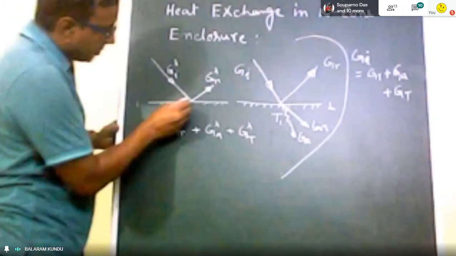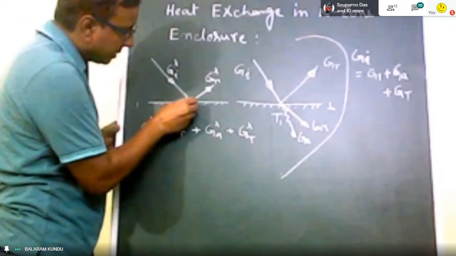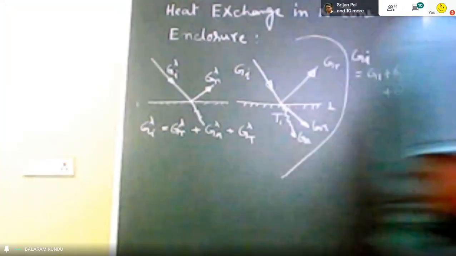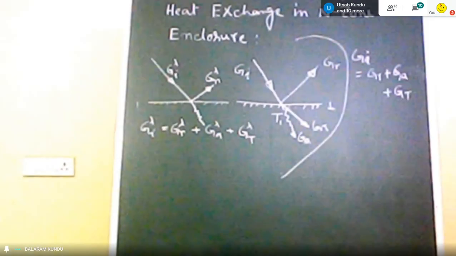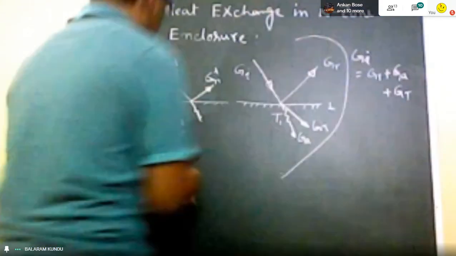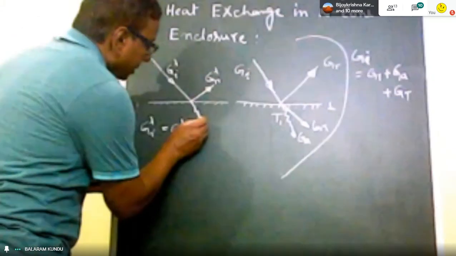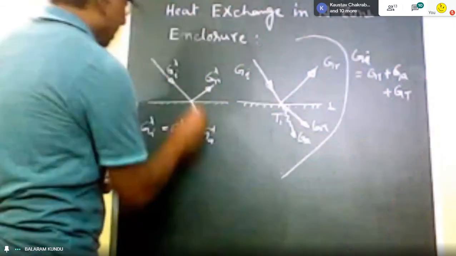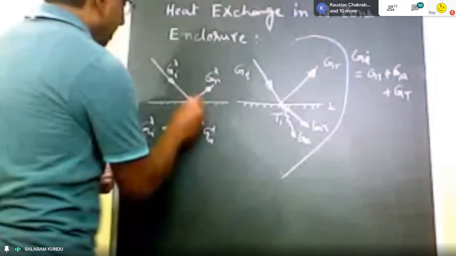A part will be absorbed, Ga lambda, and a part will be transmitted, Gt lambda.